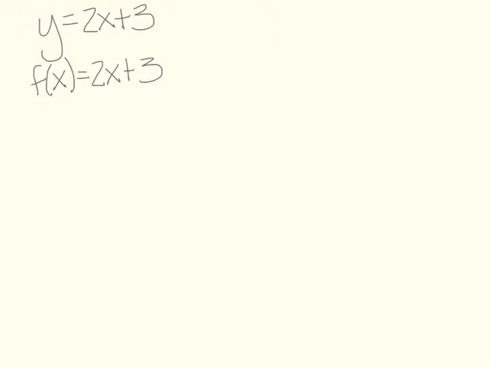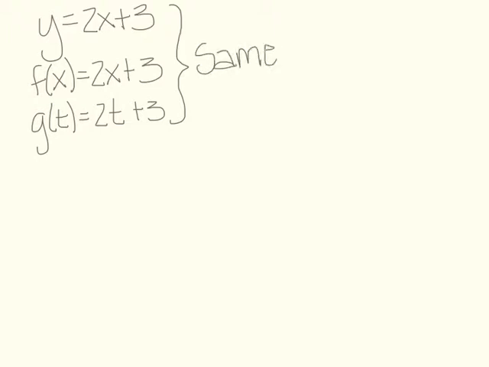But we're not stuck to just the variables f and x. We could also say g of t equals 2t plus 3. All of this is talking about the same thing. It's just different ways of stating it.